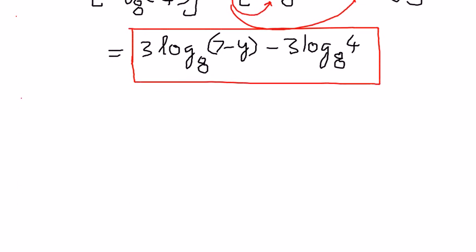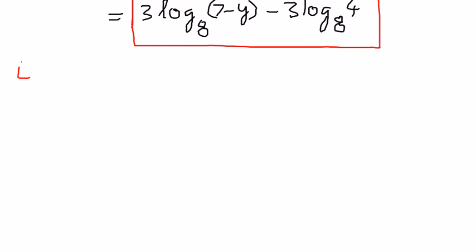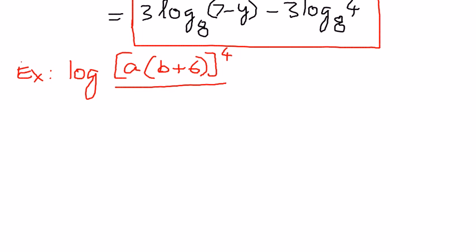In this example, let's say we want to expand this given logarithm expression. We have log of a times (b plus 6), divided by 7, where the numerator part is raised to the power of 4, and this whole thing is to the base 9.